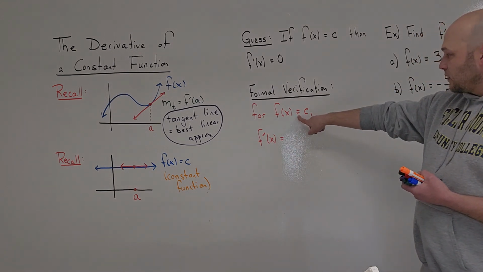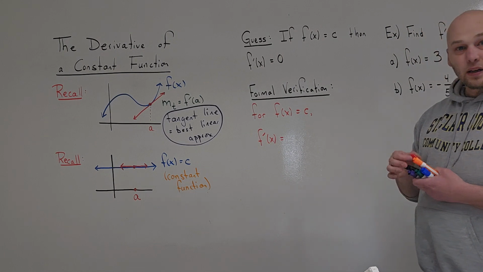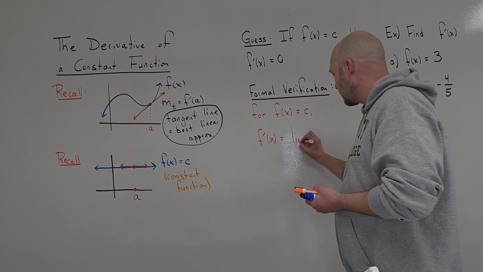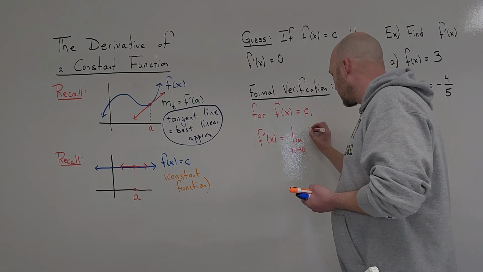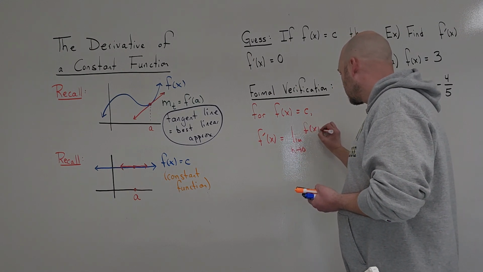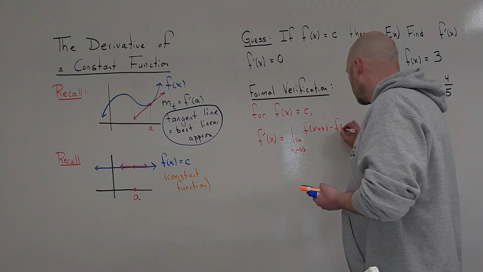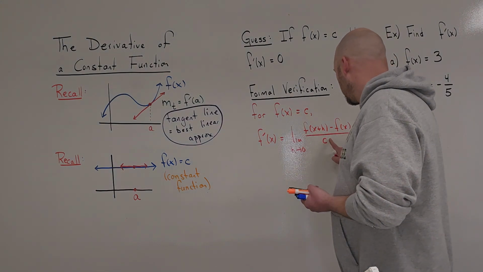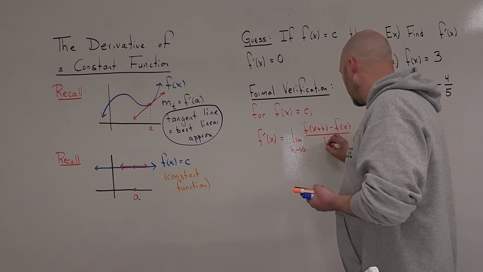If I have a constant function, let's look at its corresponding derivative. And remember that the derivative is given by the limit of the difference quotient. Oops, over h, not over c, over h.